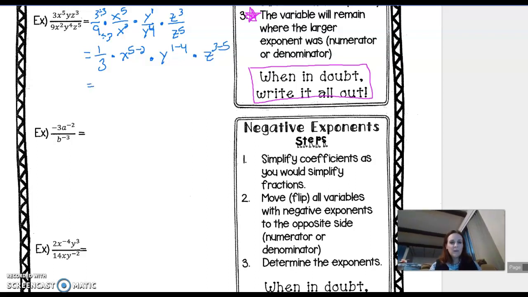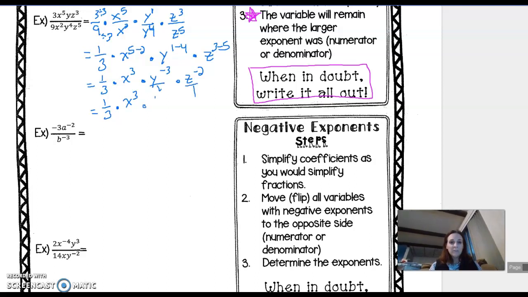Just keep going. 1/3 times x to the third times y to the 1 minus 4 is y to the -3 times z to the -2. Just keep going. 1/3 times x to the third. Now remember our negative exponent rules.